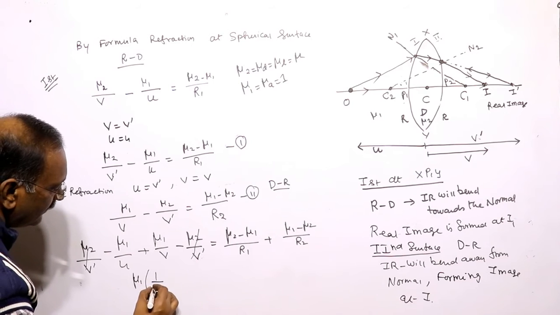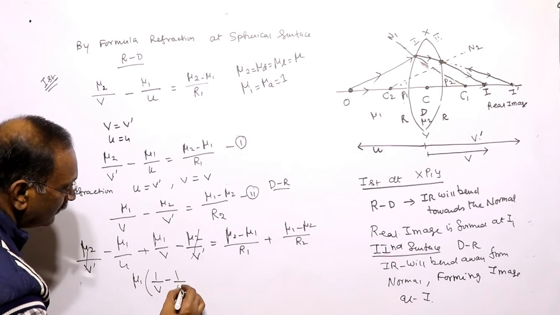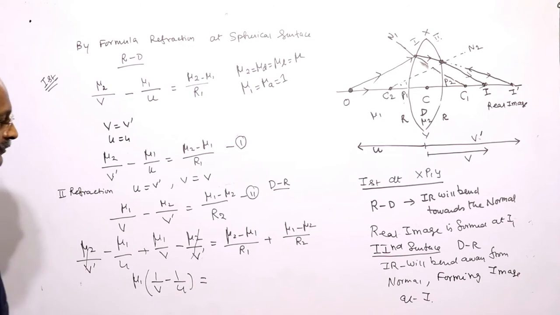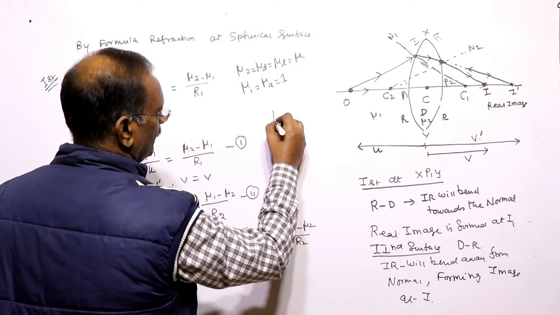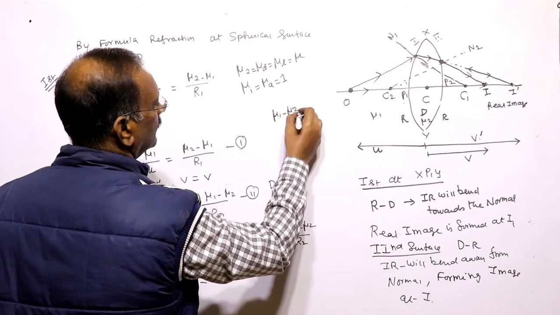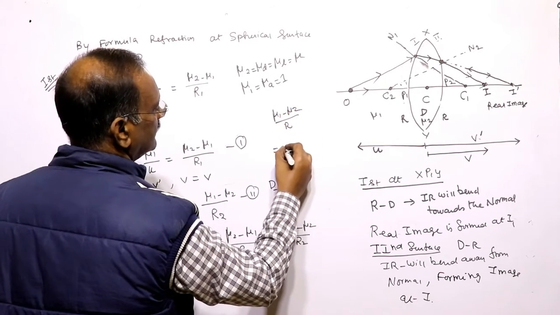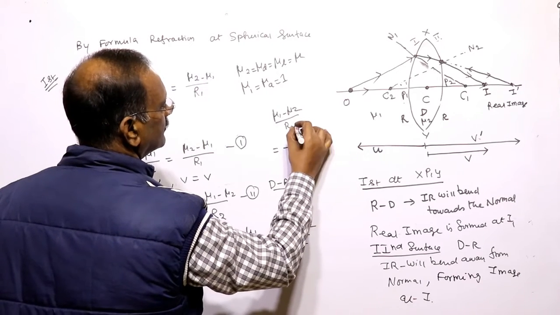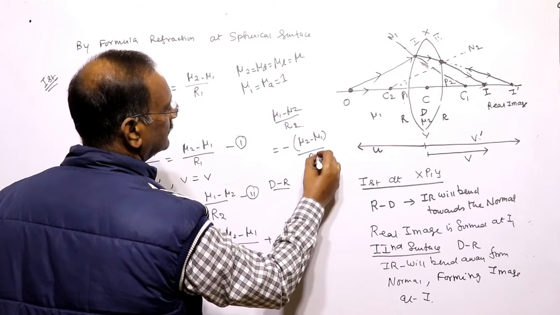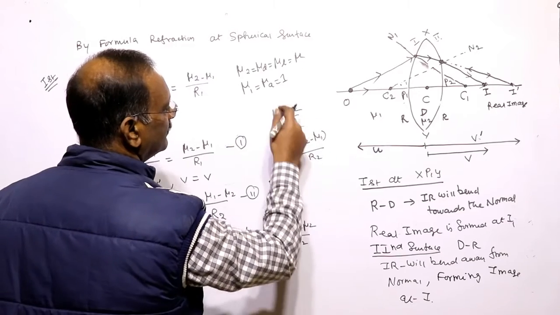This becomes mu1 into 1 by V minus 1 by U is equal to, this we can change like this. See, mu1 minus mu2 by R2 can be written as minus of mu2 minus mu1 by R2. The sign minus mu2 is here, plus mu1 is here.